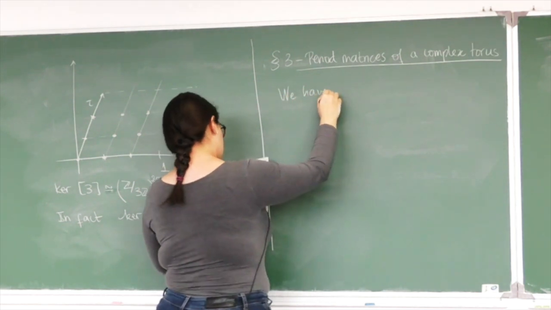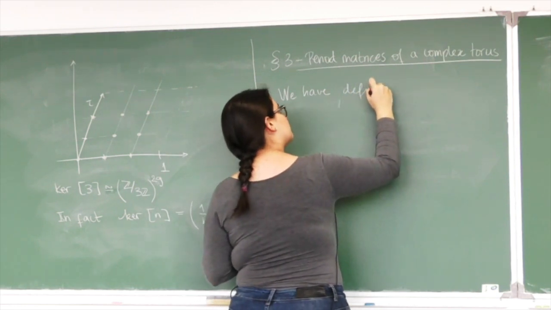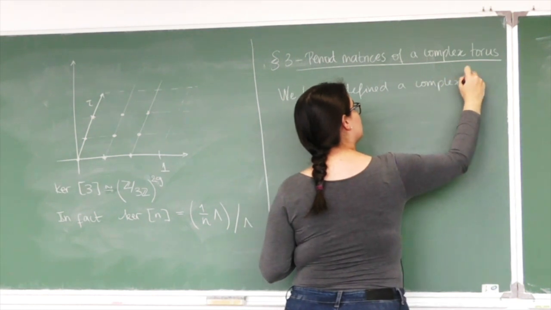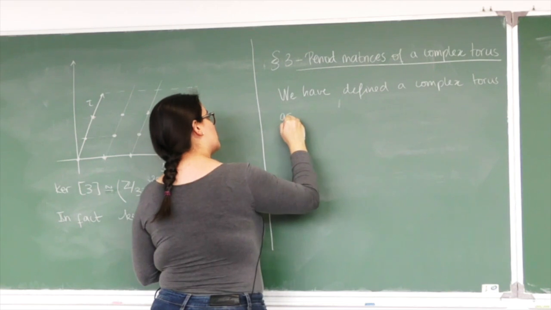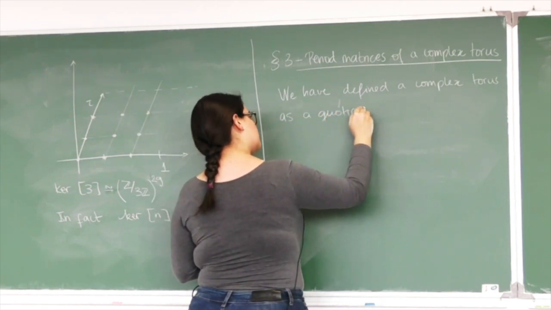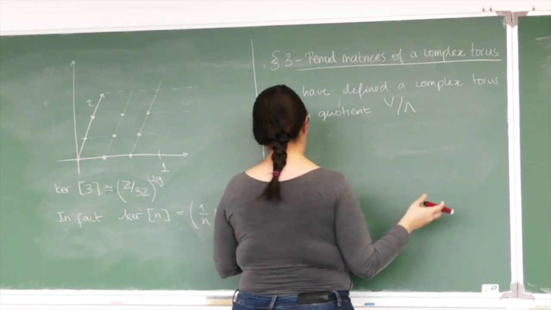We have defined a complex torus as a quotient V quotient out by lambda.